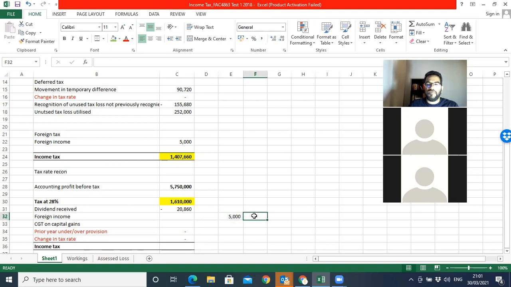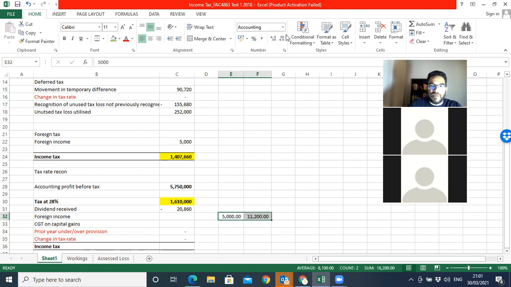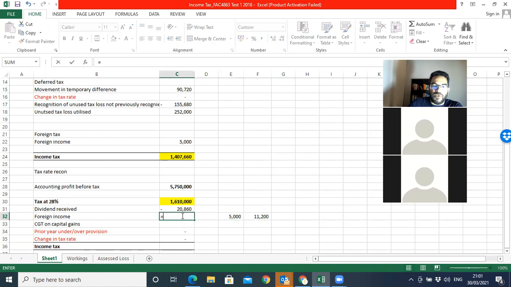We need to see what it should have been if SARS had to tax us. SARS should have said 40,123 times 28%. From an accounting perspective, they expected to be taxed at 11,200, but they actually got taxed at 5,000. So therefore, the permanent difference is the difference between these two amounts.